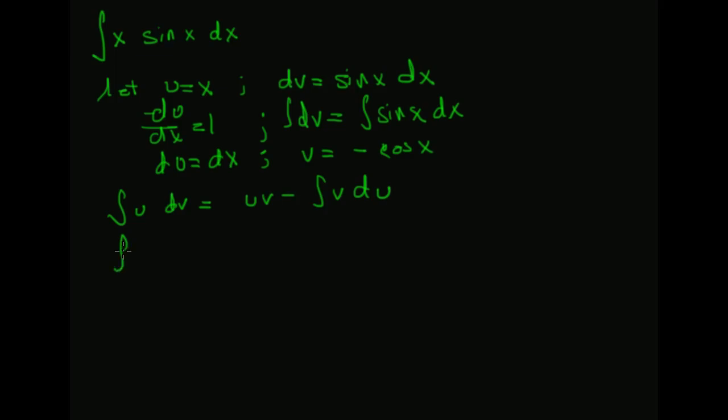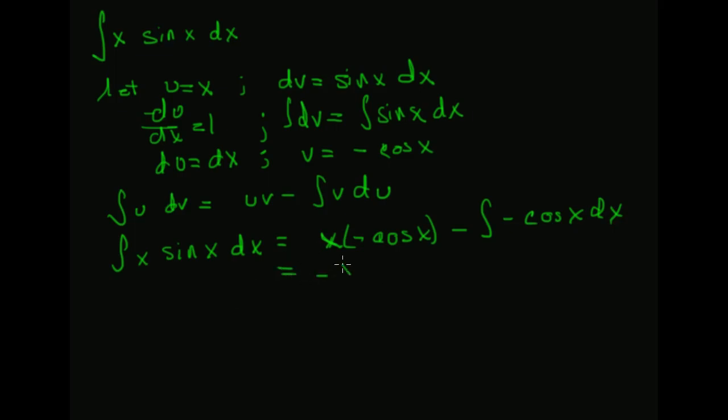So this means that the integral of x sine x dx is u, which is x, times v, which is negative cosine of x, minus the integral of v, negative cosine of x, times du, which is dx.